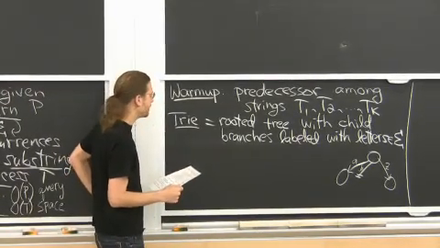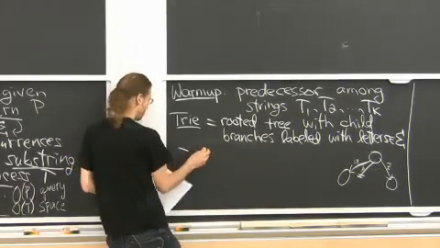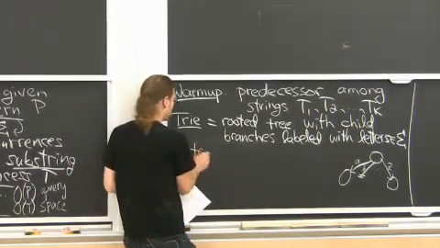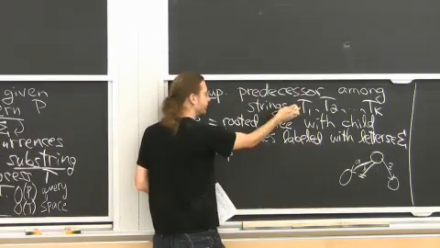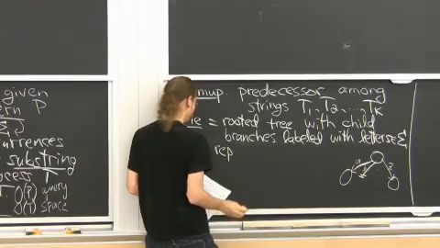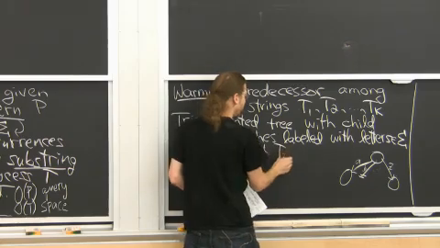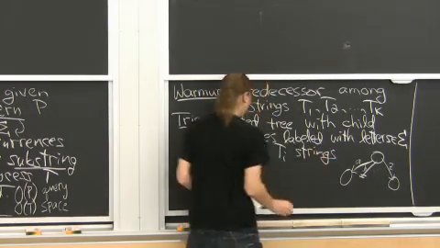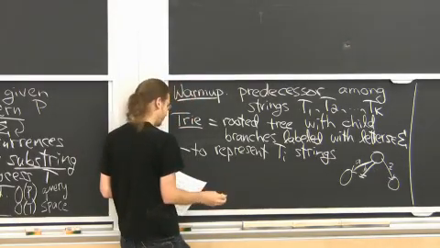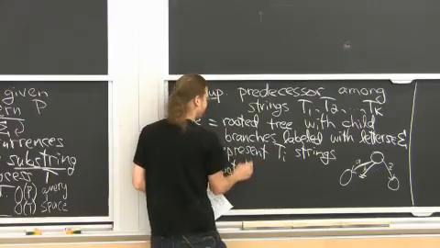Now, to make this actually work, what we'd like to do is represent our strings. So how do we use this structure to represent strings t1 through tk? We're going to represent those strings in the obvious way, which we've done many times in the past when we were doing integer data structures, as root to leaf paths.